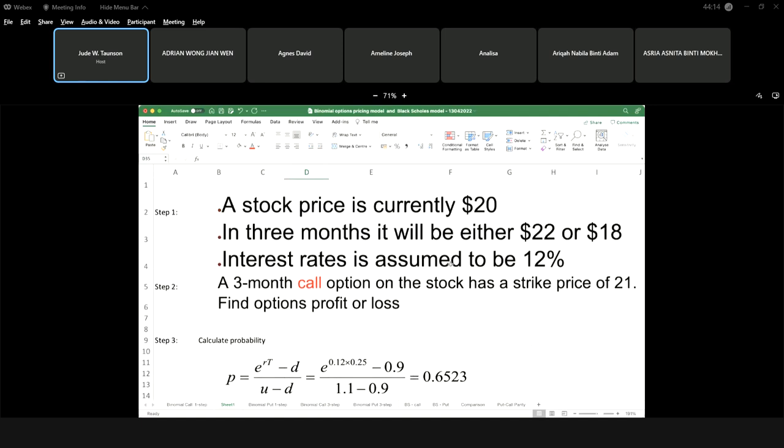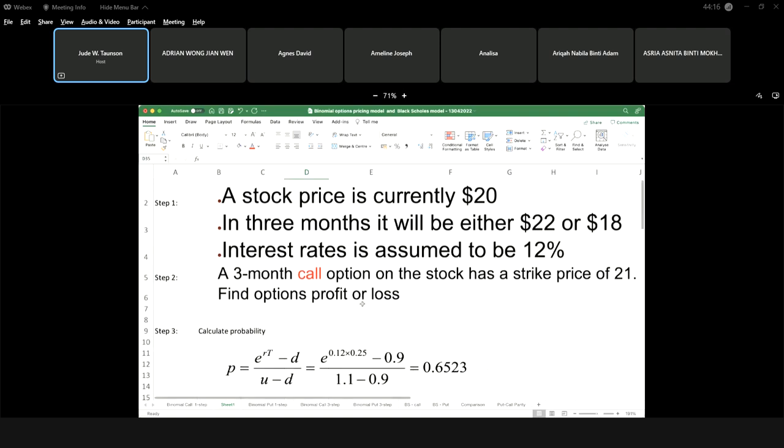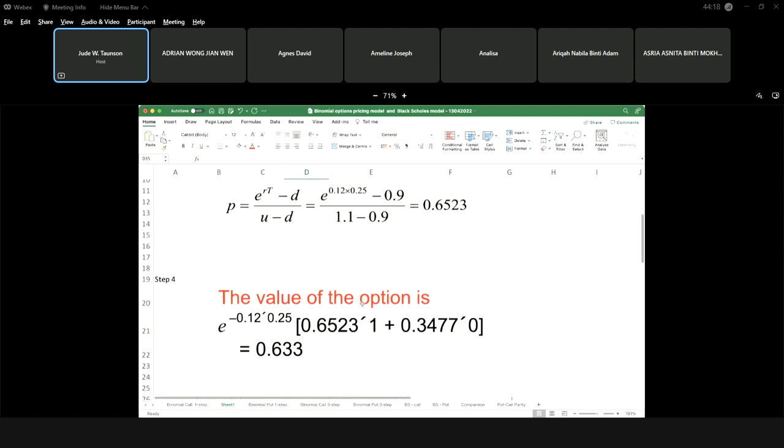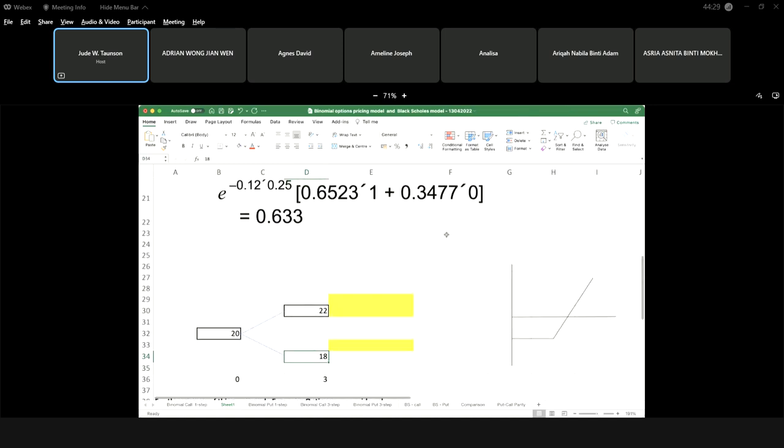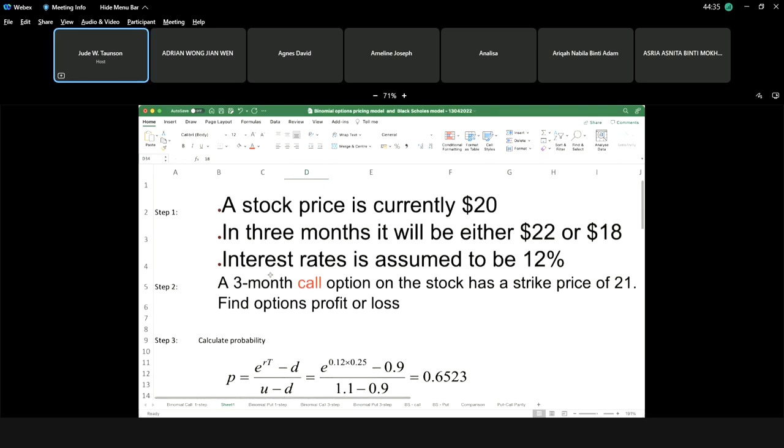Interest rate is assumed to be 12%. Okay, that is step number 1. Just fill this one up, then you get the first step done.